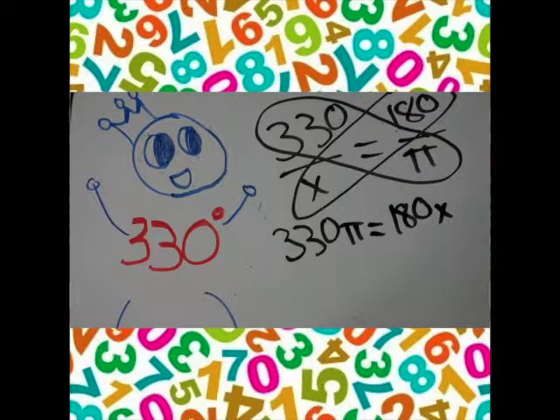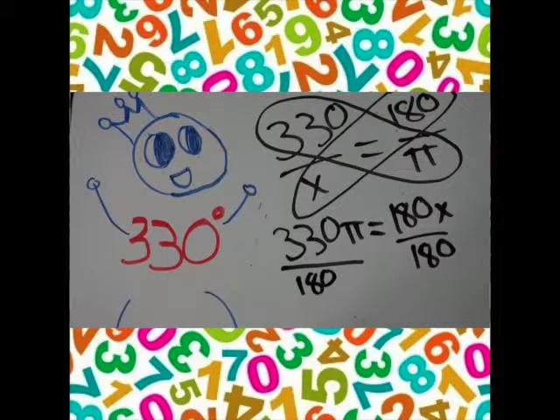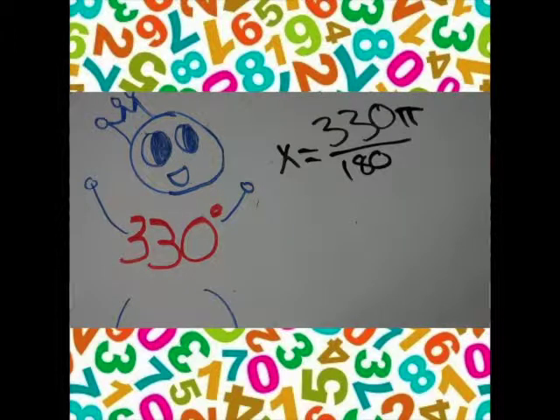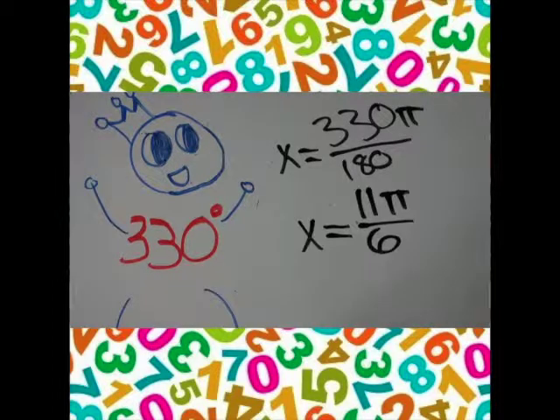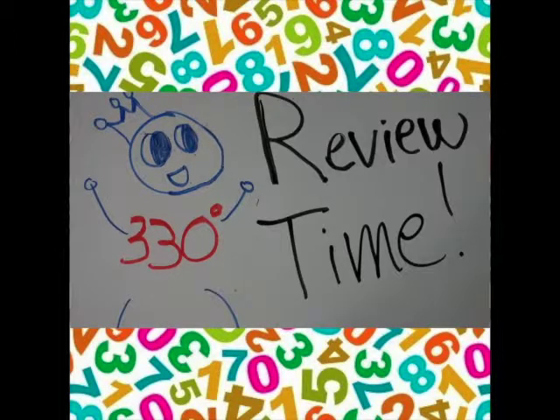So 330 pi equals 180x. Divide both sides by 180. So 330 pi over 180 equals x. Simplify your fractions, and x equals 11 pi over 6. That's how Radian did it!